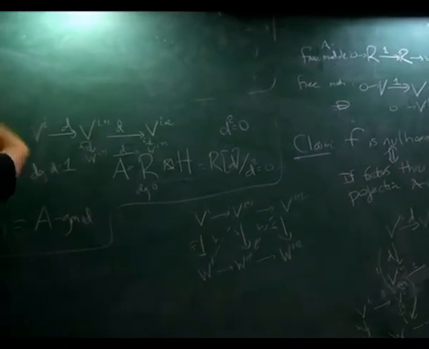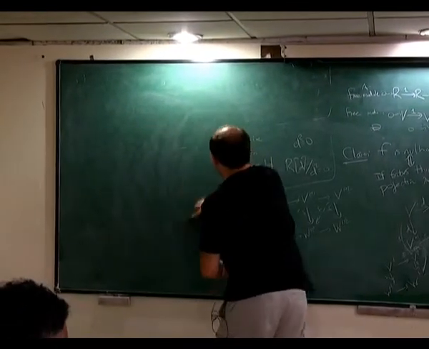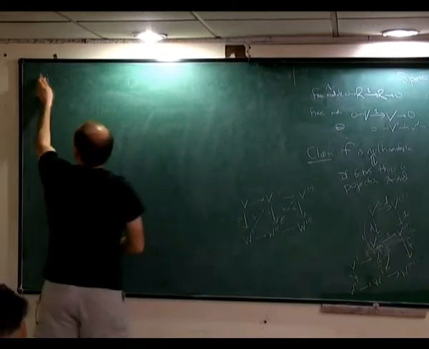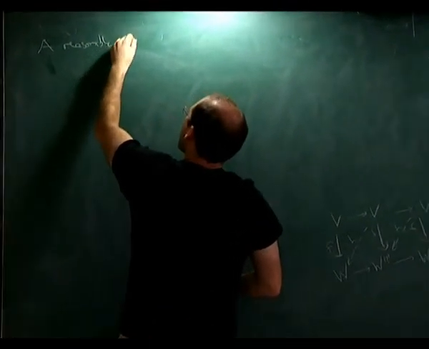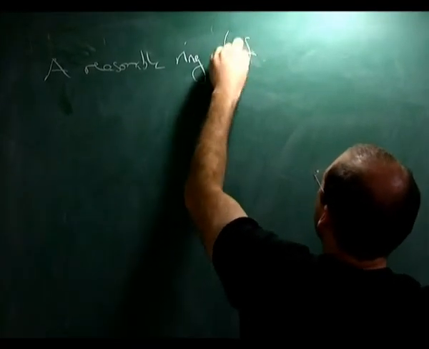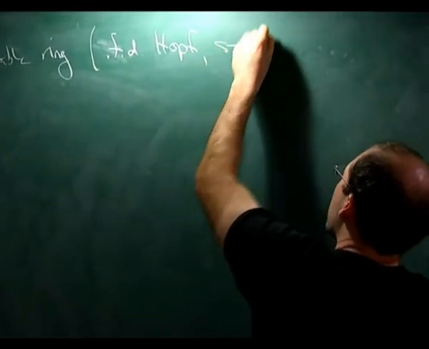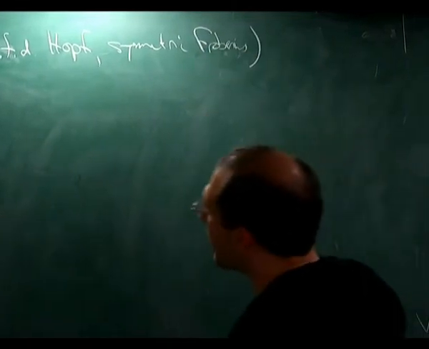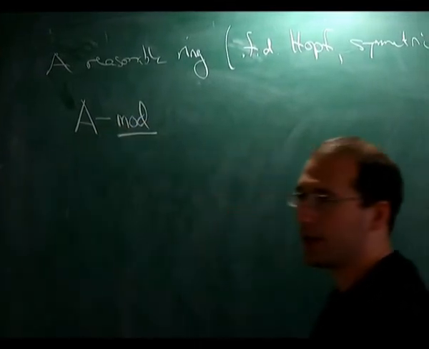So what's this whole factoring through a projective module business? Given any reasonable enough ring, if A is a reasonable ring, which includes, say, all finite dimensional Hopf algebras, or actually any symmetric Frobenius algebras, then you can take the stable category.